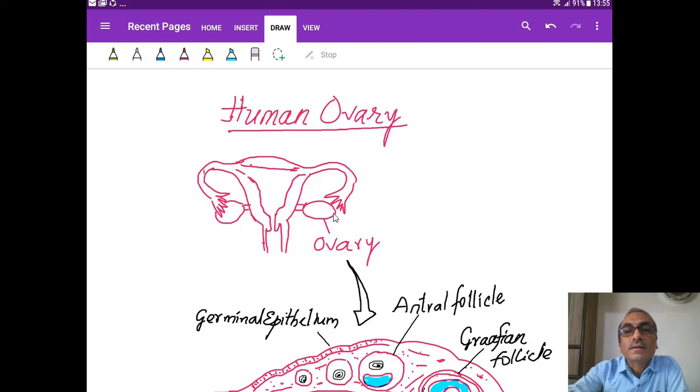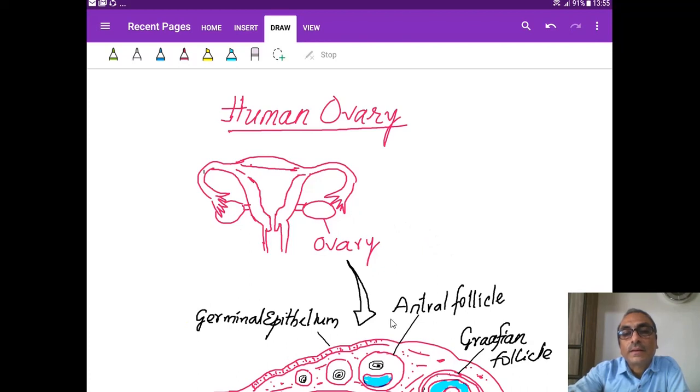Now this single ovary, if you take it up, is about 2 to 4 centimeter long, around 3 centimeter wide, and 1 to 2 centimeter in thickness.